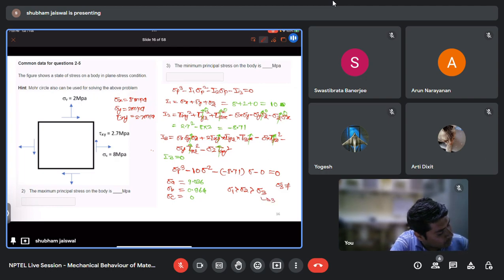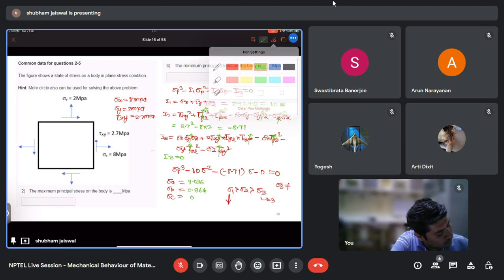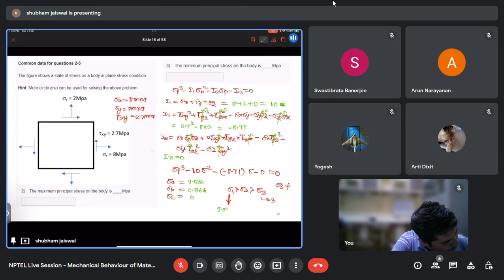Which one is sigma 1 then? 9.036, and sigma 2 is 0.964. So the maximum principal stress on the body is 9.036 and the minimum principal stress on the body is 0.964. Okay.